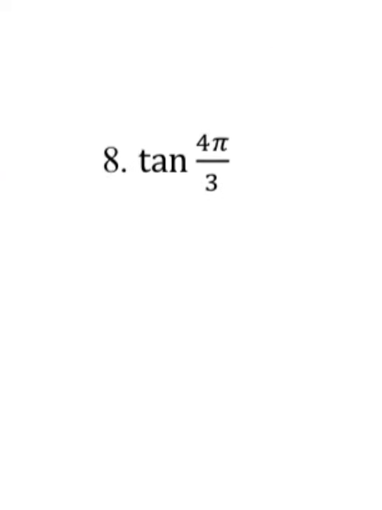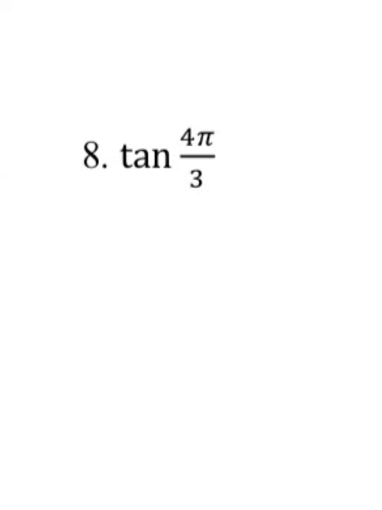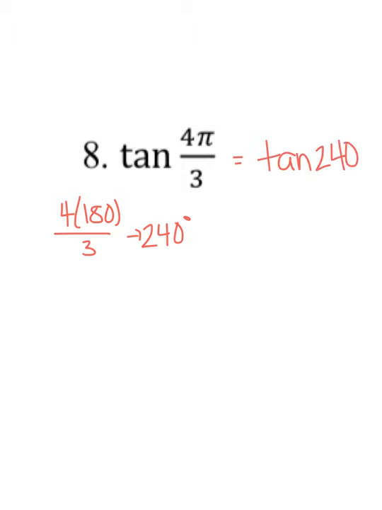The tangent of 4 pi over 3, that's in radians, so I do 4 times 180 divided by 3 to figure out the equivalent degree measure. So 4 pi over 3 radians is the same thing as 240 degrees. So I'm going to type in tangent 240 degrees. And that gives me 1.7320, which is the square root of 3.